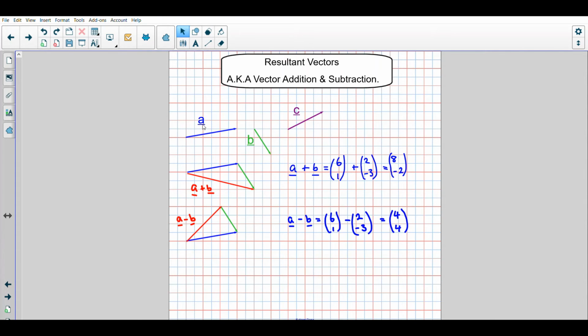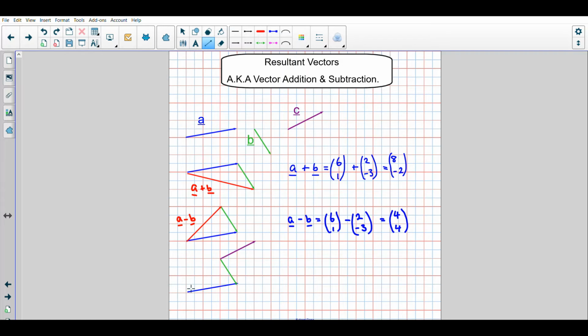So we've got A minus B and then we can even add on C. And it starts to get very complicated the more of these we add in, which means that being able to do it in component form is going to start having some benefits.